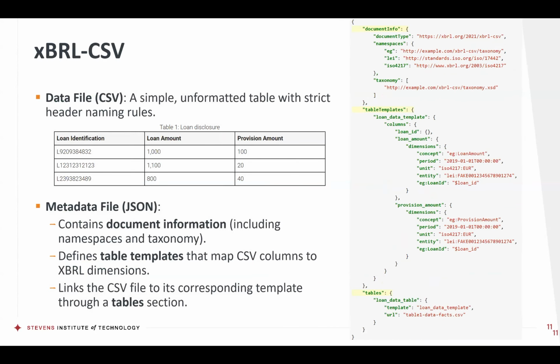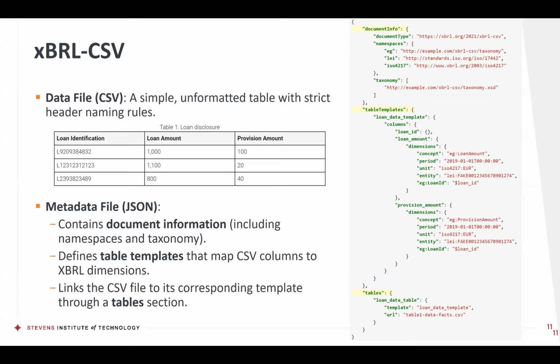XBRL CSV splits data into a simple CSV file and a JSON metadata file. The CSV file organizes facts into rows and columns as the table shows, while the metadata defines which taxonomy concepts these columns represent, as shown on the right-hand side.